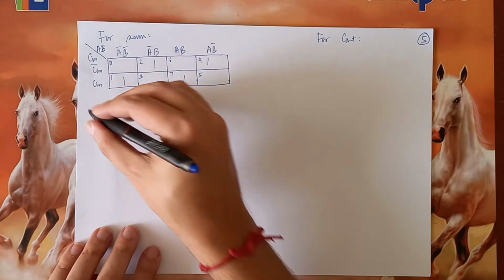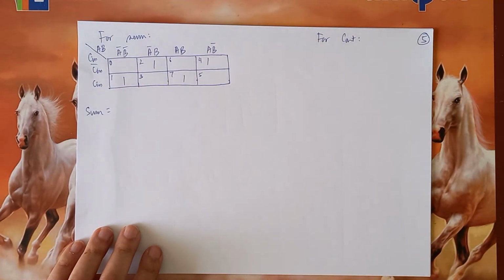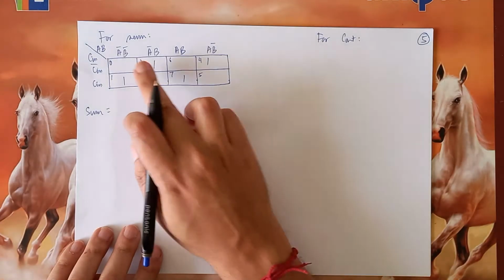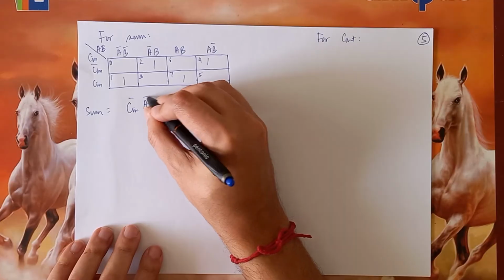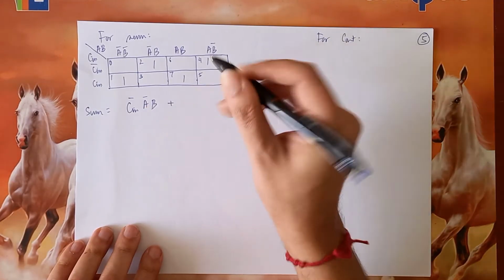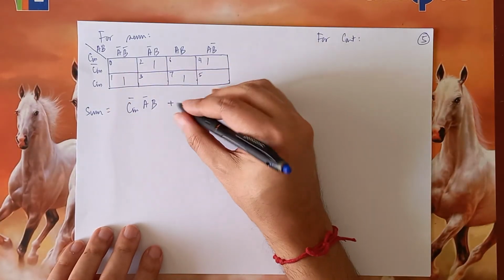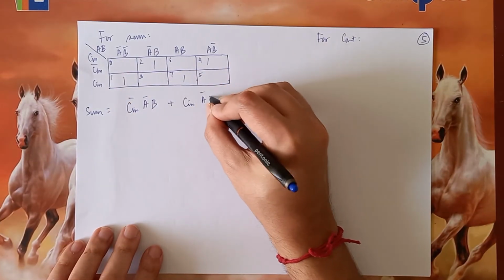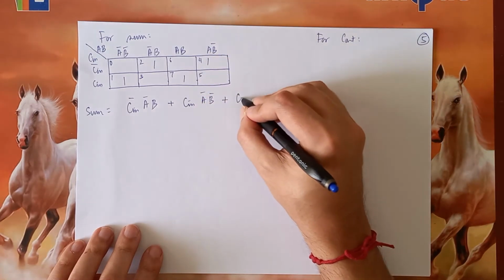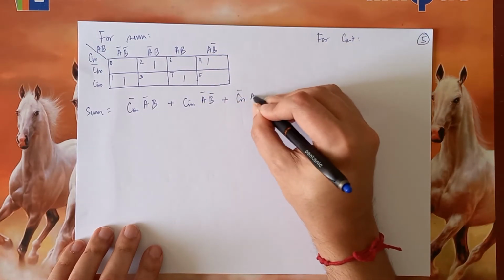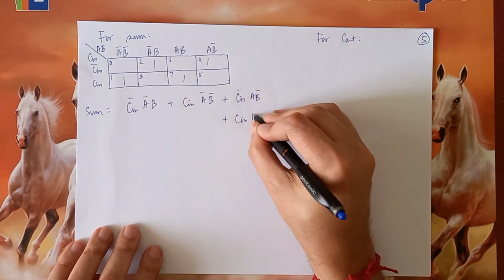So therefore, we have no other option but to write the sum just the way it is. So I can just say the sum will be nothing but C in bar, A bar, B, corresponding to this term. Corresponding to this term, it will be C in A bar, B bar plus C in bar, A, B bar plus C in A, B.